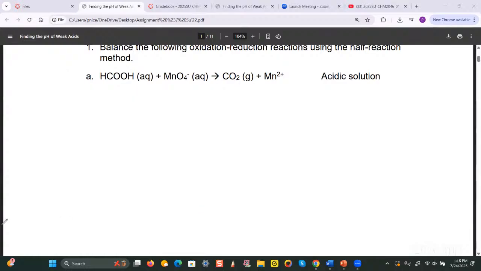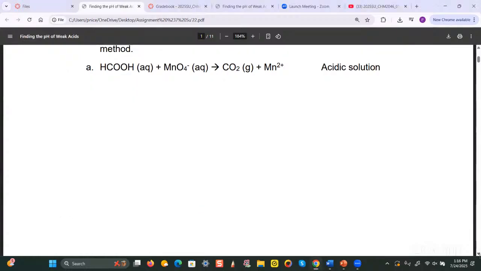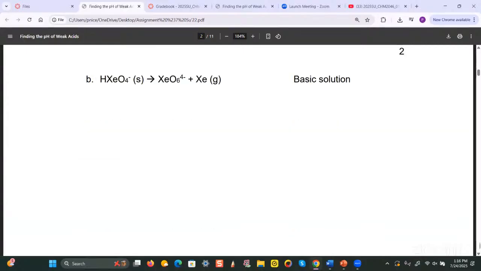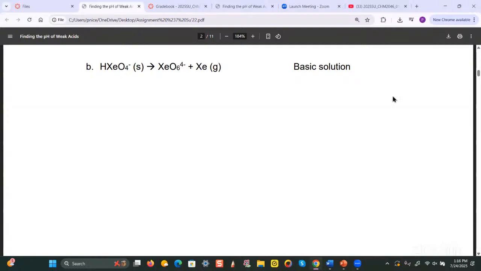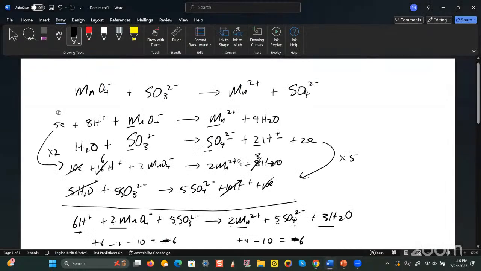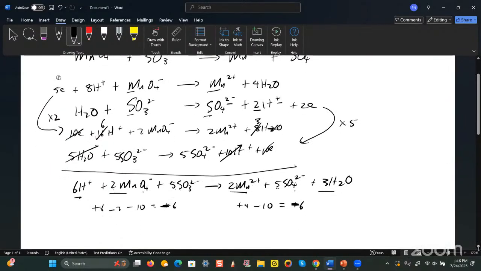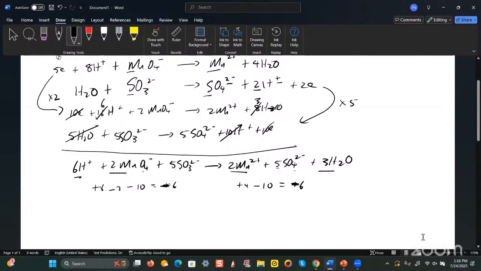So let me see here. B part. Okay, now the B part is asking for basic solution. So what I'm going to do is, okay, you know what? Let me go back to this here. I'm going to show you how to get to the basic solution based on the answer we got from this example that we did.